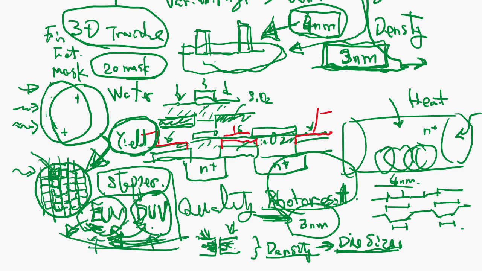So that's the general description. There are plenty of books you can read about how you make this. Diffusion process to drive the impurity into the silicon. And there is sputtering.